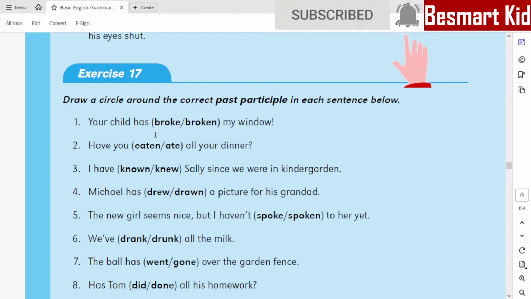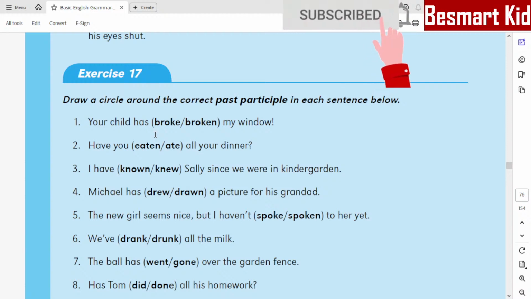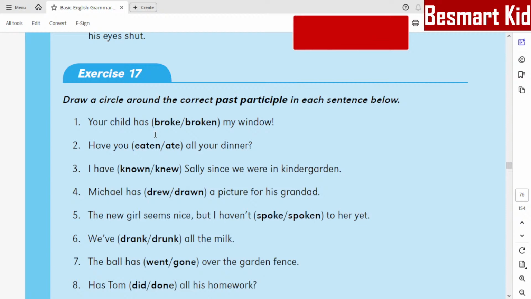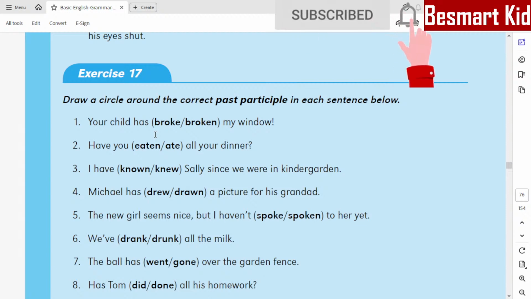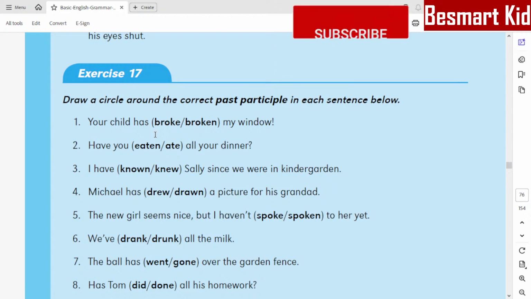In brackets we have eaten and ate. I have known Sally since she was in kindergarten. Michael has drawn a picture for his grandma.